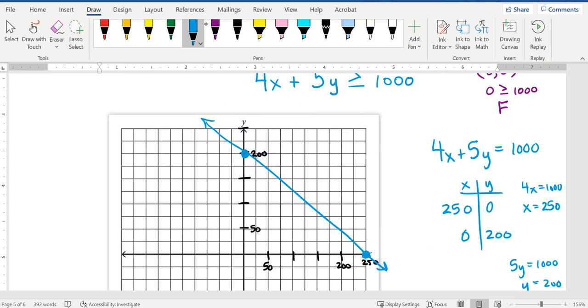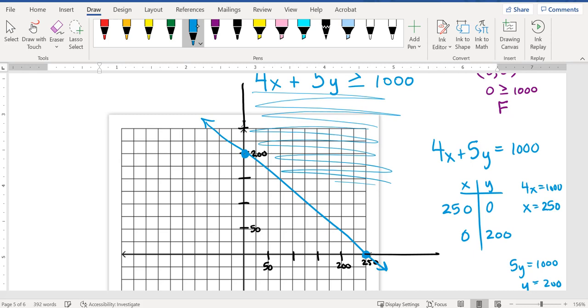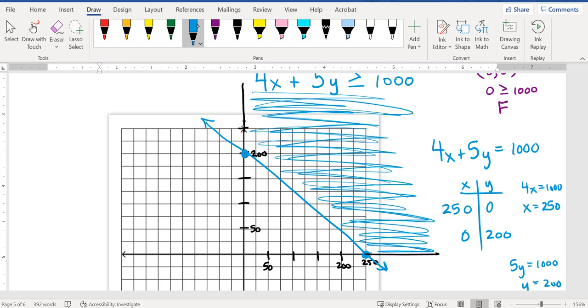But I want you to be careful. You can't have a negative number of hot dogs and hamburgers. So when you shade, you need to stay here in the first quadrant and just shade that region. Do not shade over here or down here.